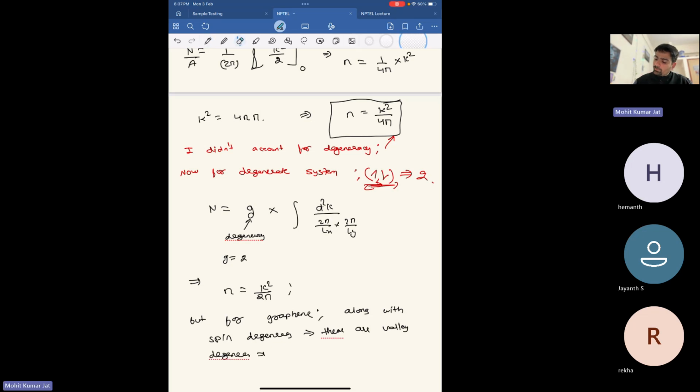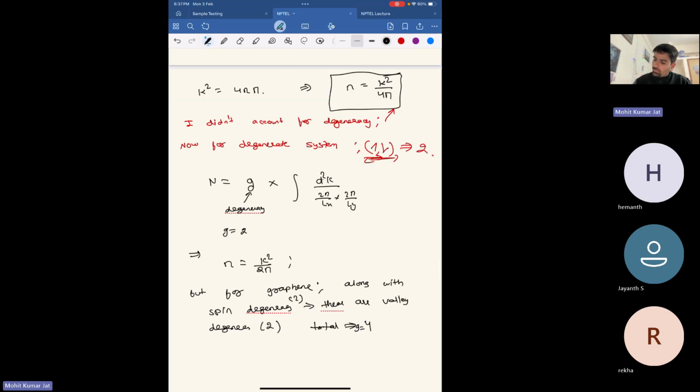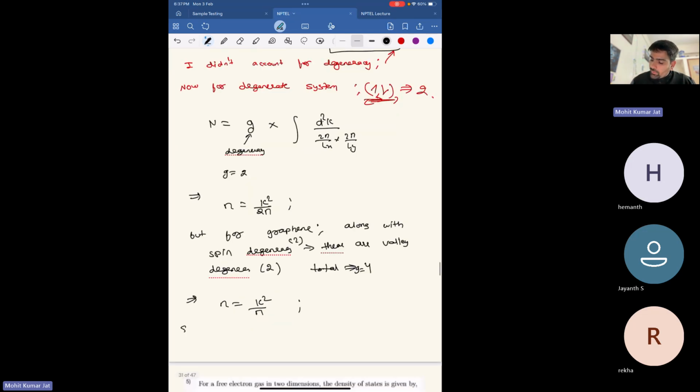So two valley and two spin; the spin degeneracy is 2, the total is 4, and that total g is equal to 4. That gives me N equals k² by π. So in general for 2D, N equals g times k² by 4π. That's the general derivation.